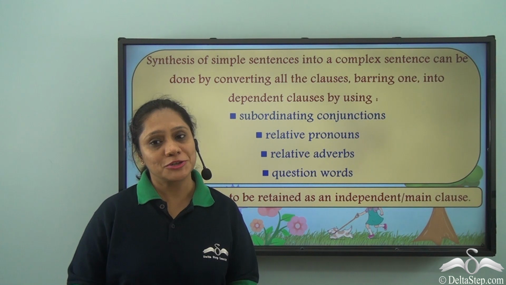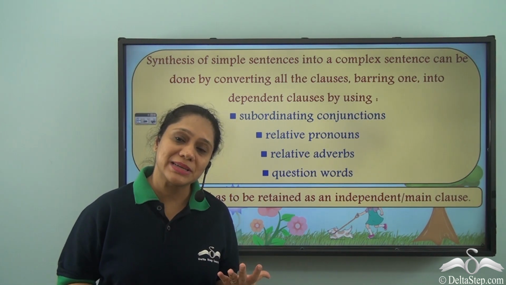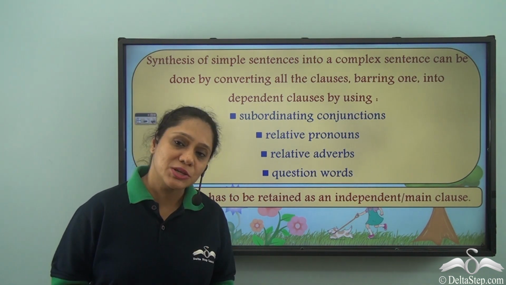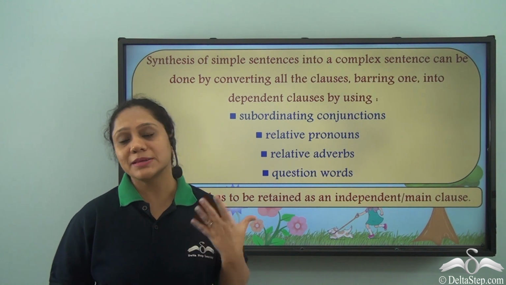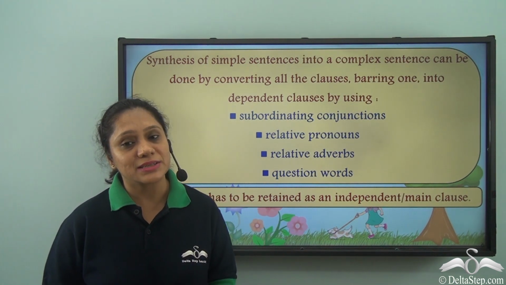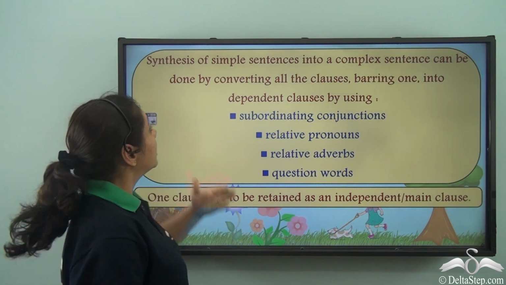So what did we learn today? We have learned that we can join two or more simple sentences to form a completely new sentence. Now this new sentence can either be a simple sentence or a complex sentence or a compound sentence. This is known as synthesis of sentences.